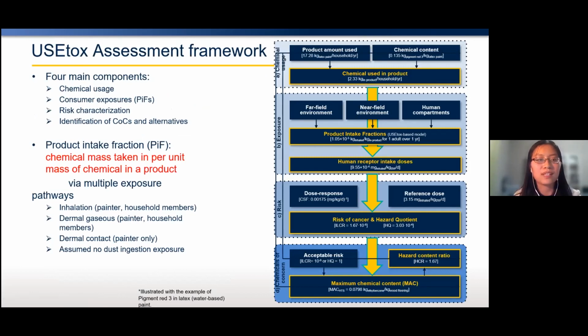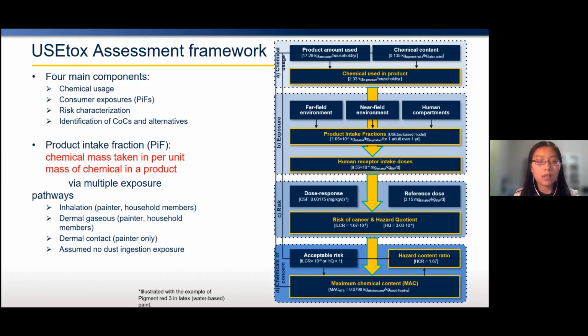So our study is based on the USEtox near-field framework. This framework has 4 main components. The first one is the chemical usage. It's obtained from the product use and the chemical content in the product.